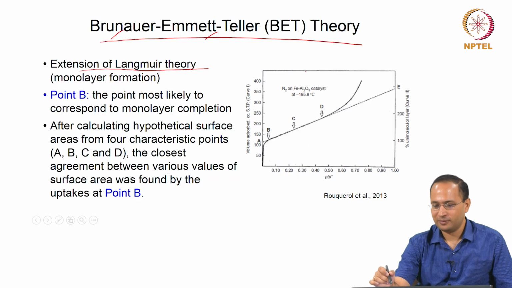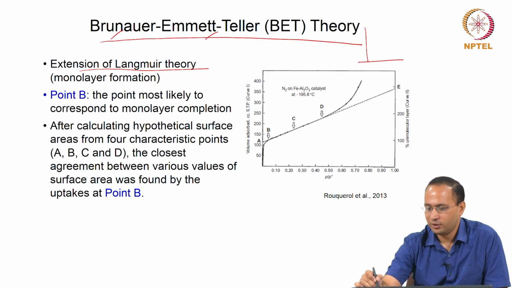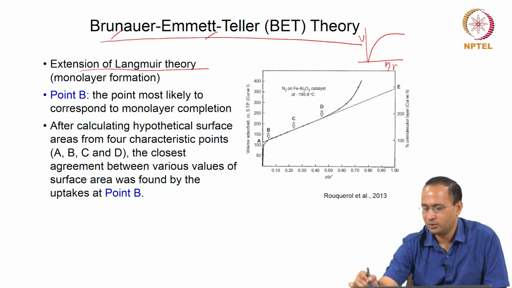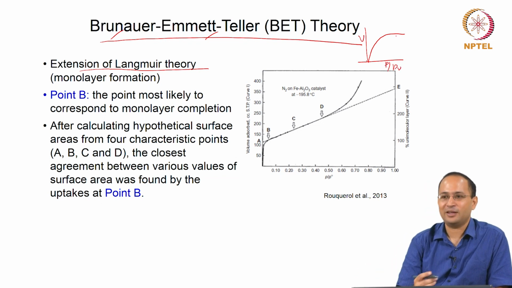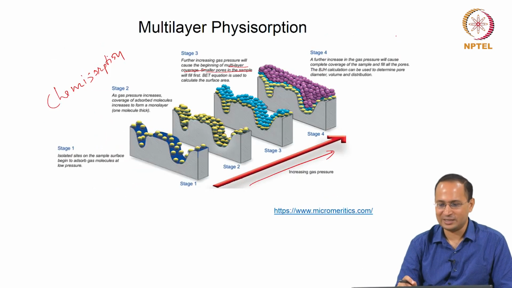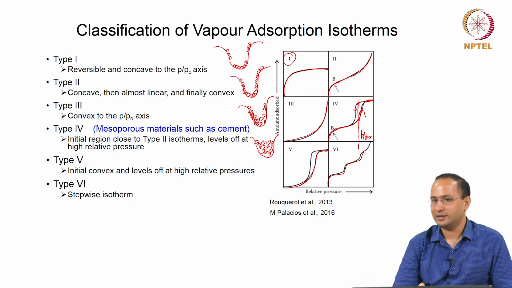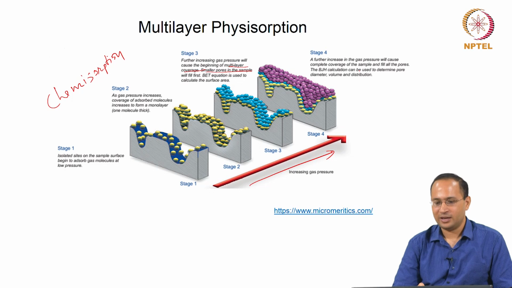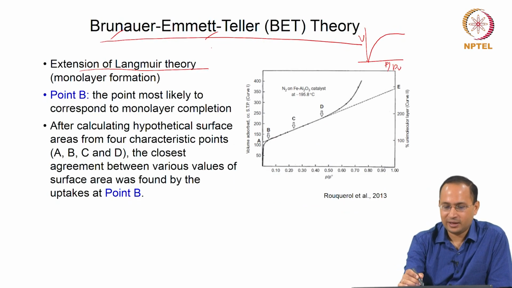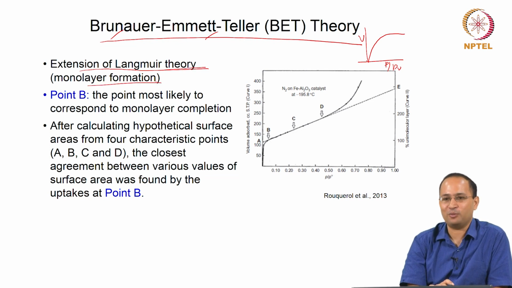Initially Langmuir thought that if you plot V versus P over P0, you have this kind of isotherm. But in real life you have different types of isotherms, type 2 for example. Type 1 cannot explain what is happening in type 2. So these people came up with BET theory because Langmuir relied only on monolayer formation, and then you have a saturation.